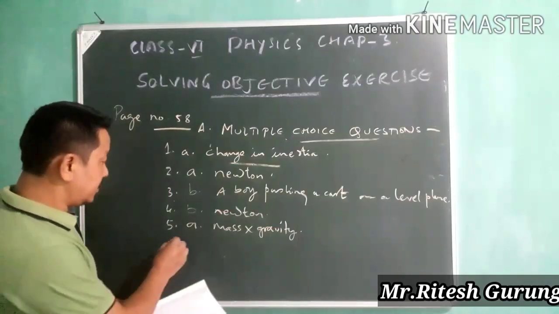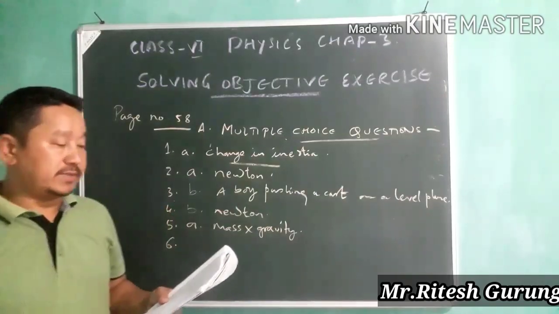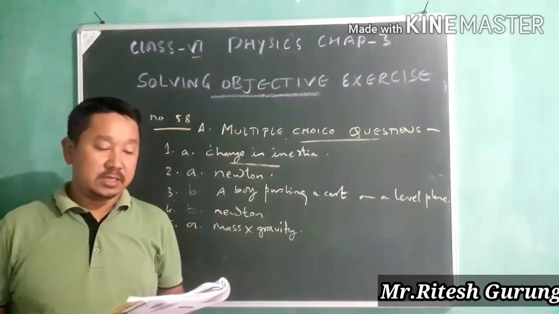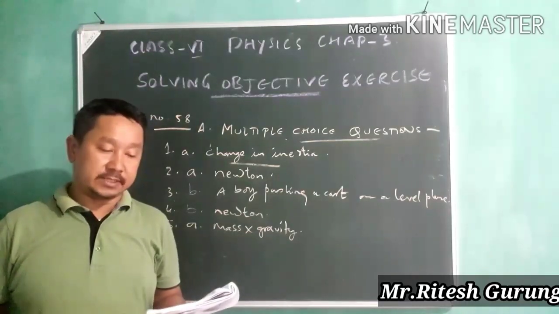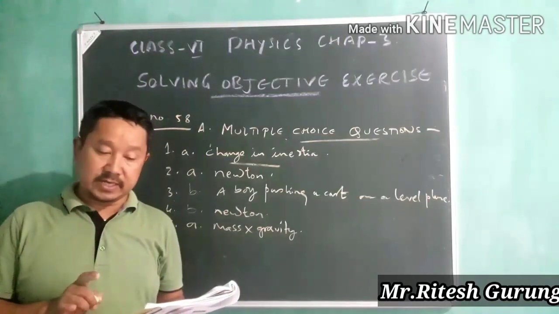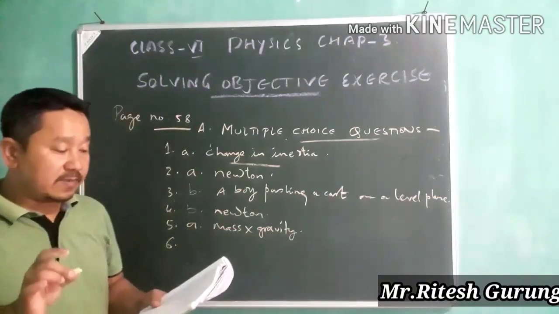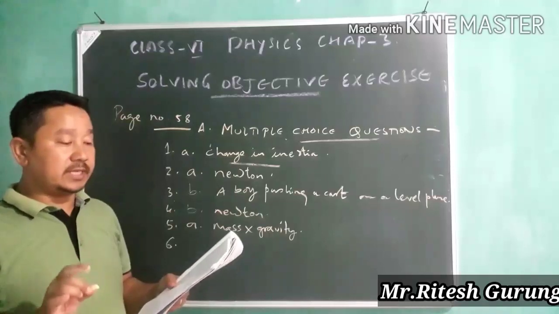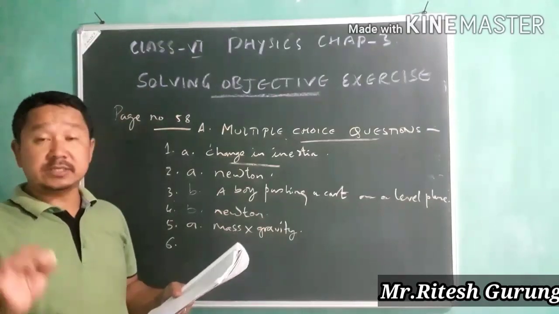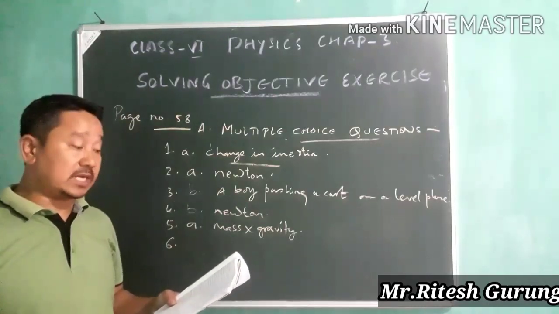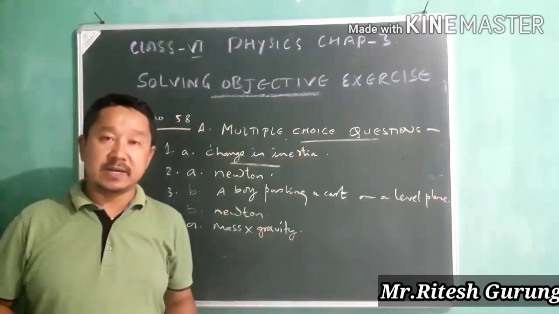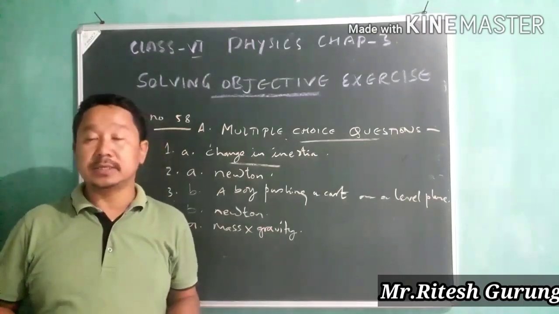Then we have number 6, the force of friction. The force of friction is: A, always disadvantageous; B, always advantageous; C, either advantages or disadvantages; D, neither advantageous nor disadvantageous. It's very clear that it is advantageous as well as disadvantageous.